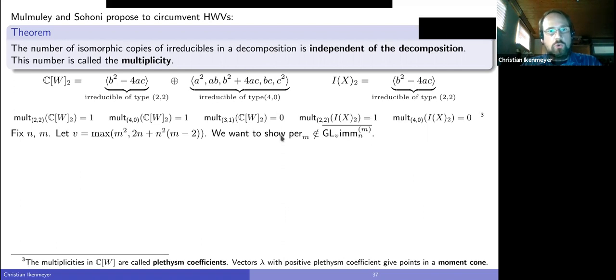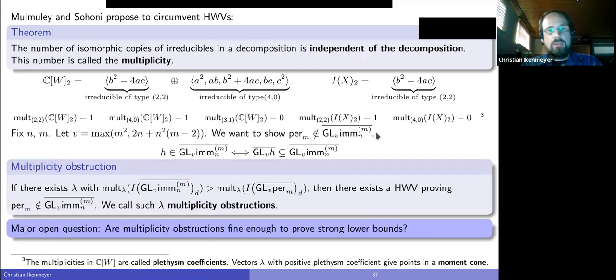All right, so how do multiplicities help? We want to show the permanent is not actually in this orbit closure of IMM. That's the task. The first observation is that a point is in the orbit closure if and only if its whole orbit closure lies inside the other orbit closure, because the orbit closure is the smallest set that's closed under the group operation and also topologically closed.